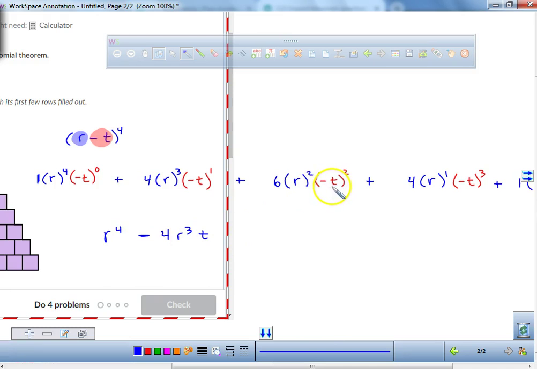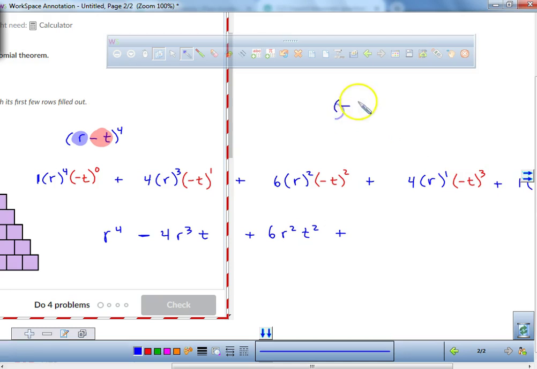Okay? Now this negative, what's going to happen to it? It's going to cancel because a negative times a negative is a positive. So this is going to be plus 6r squared t squared plus. This right here, there's 3 negatives. But a negative times a negative times a negative stays a negative. An odd number of negatives.